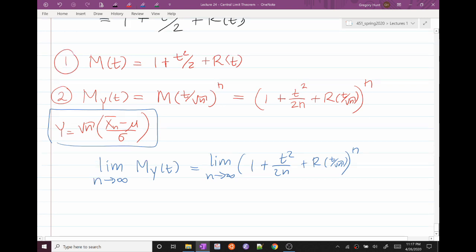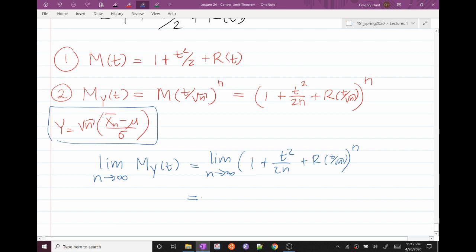And this, r of t over root n, will go to 0 as n goes to infinity, because t over root n goes to 0, and we know r of t goes to 0 as its argument goes to 0.